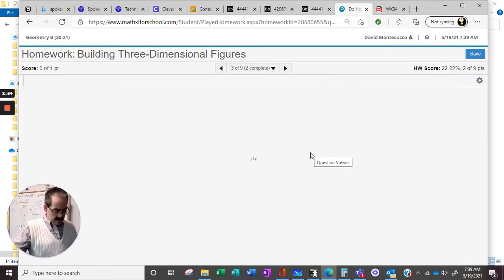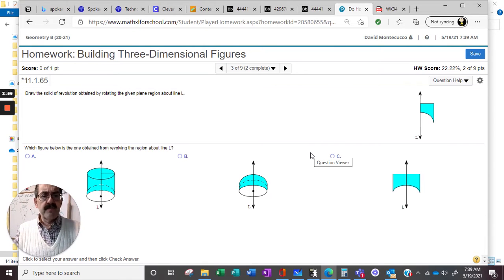If we take this little flap here and we spin it, you see how the top is flat? Can't be B. Now, if we spin it, you see how we get this bowl shape?